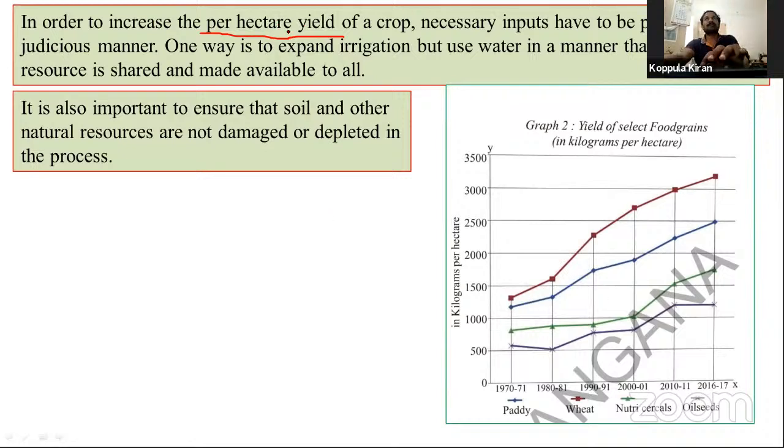Okay, what is hectare? Hectare means, in our areas, in our localities, generally we call acres. 1 acre of land, 2 acres of land, 3 acres of land, 10 acres of land. We call mainly. What is hectare? Hectare means 2.5 acres of land. 1 hectare equals 2.5 acres.